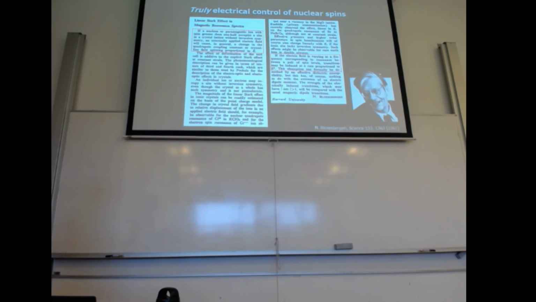And then he proposes: if a nucleus or a paramagnetic ion with spin greater than ½ occupies a site without inversion symmetry, so a bunch of conditions that we need to fulfill, an externally applied electric field will cause, in general, a change in the quadrupole coupling constant. Okay? So when you have a quadrupole coupling, Bloembergen proposes that you can modify this coupling with an electric field externally.